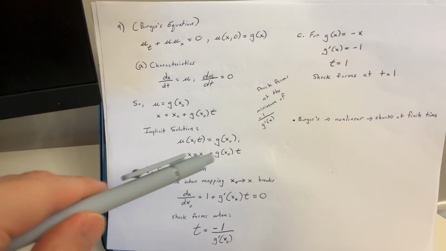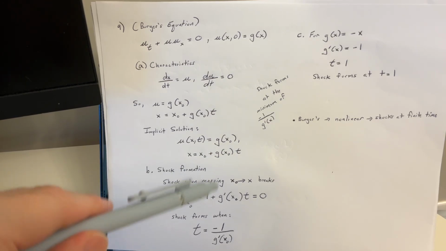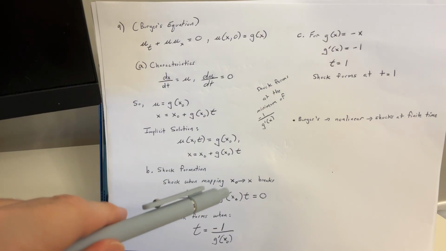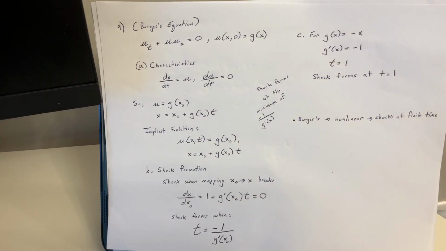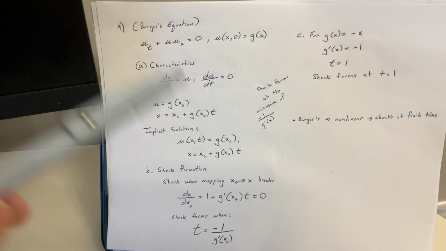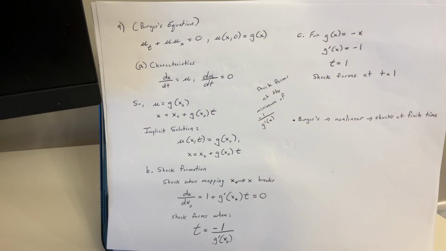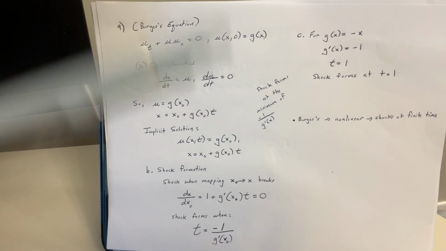We get 1 plus g prime of x naught times t, and that equals 0. So if we isolate the t, t equals negative 1 over g prime of x naught.